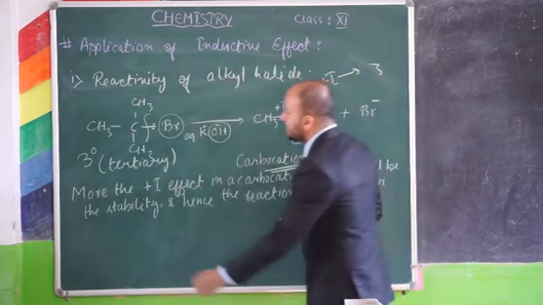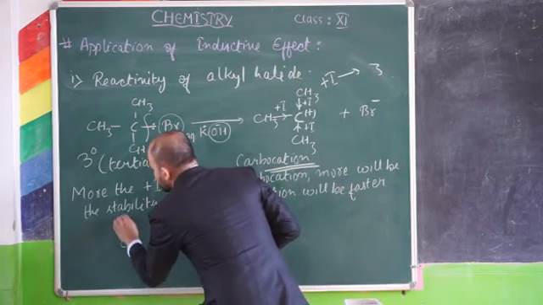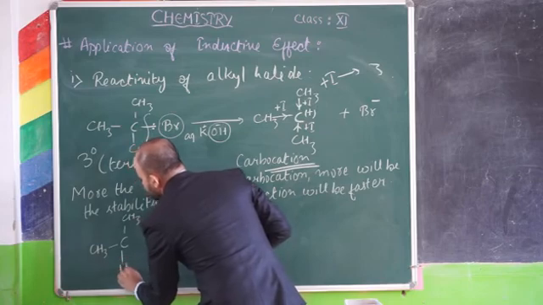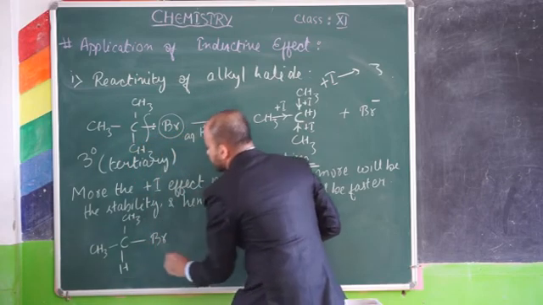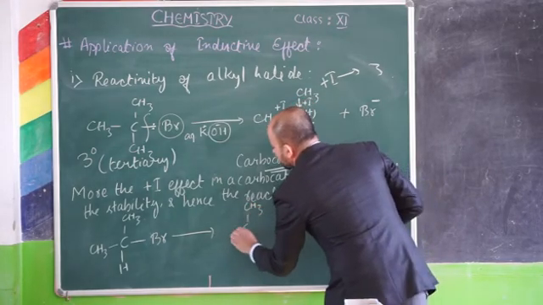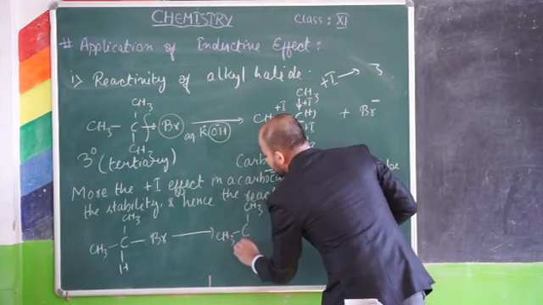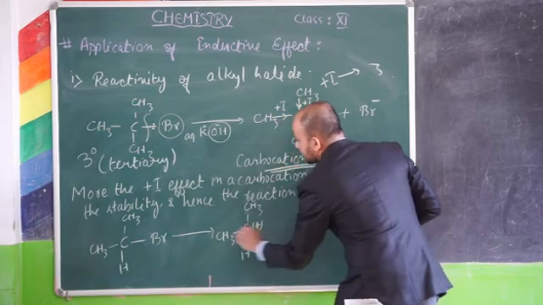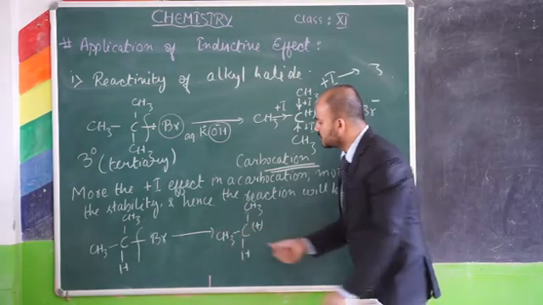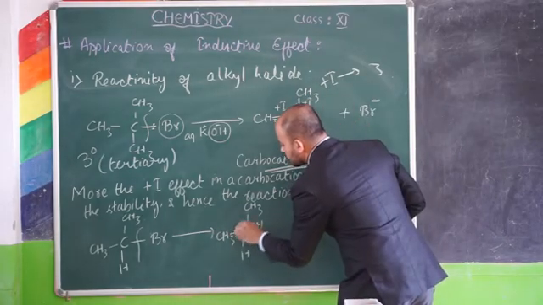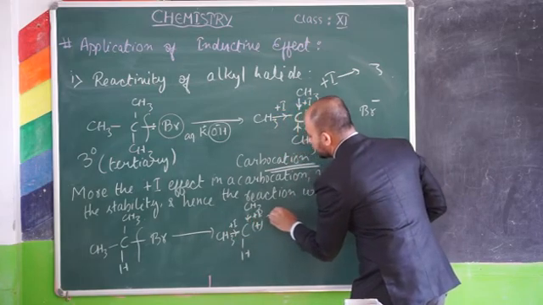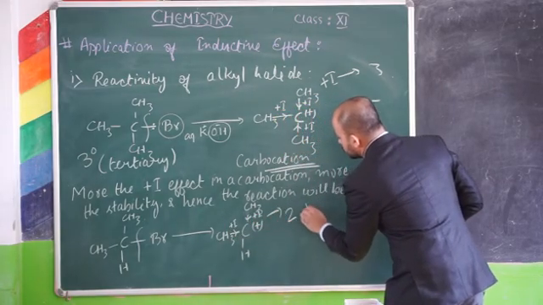Similarly, if you have this compound, say CH3, and you have hydrogen, and here you have Br. Now in this case also, you will be getting carbocation CH3, H, and here carbon. This bond has broken. Now here you can see how many alkyl groups are present. 2 alkyl groups, 2 plus I effects.